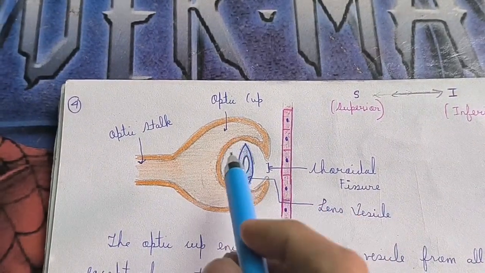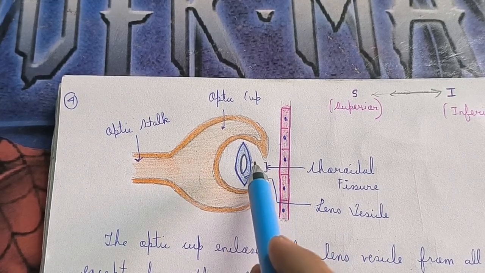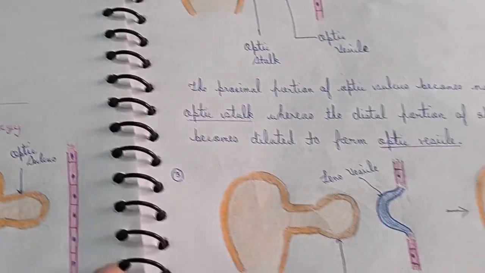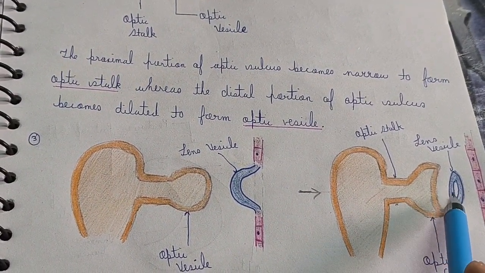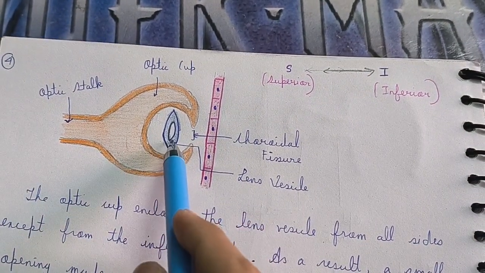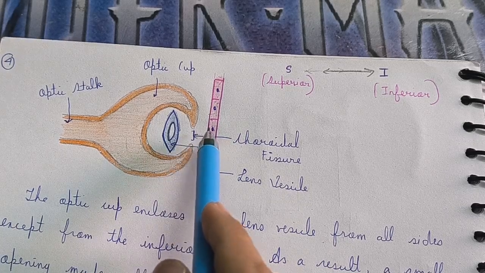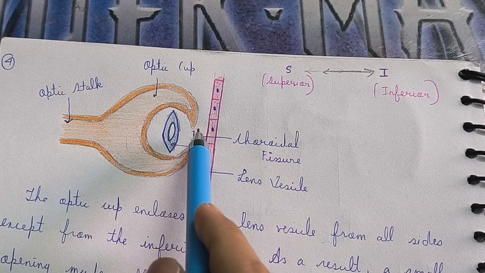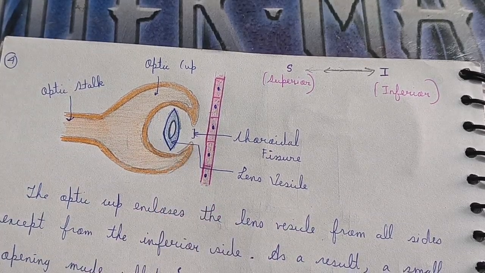Now if you see, this optic cup encloses the lens vesicle from all sides except the inferior side. In the initial diagram, the optic cup was not enclosing the lens vesicle, but in this diagram the optic cup is enclosing the lens vesicle from all sides except the inferior side, that is, the optic cup has not completely enclosed the lens vesicle from the inferior side.